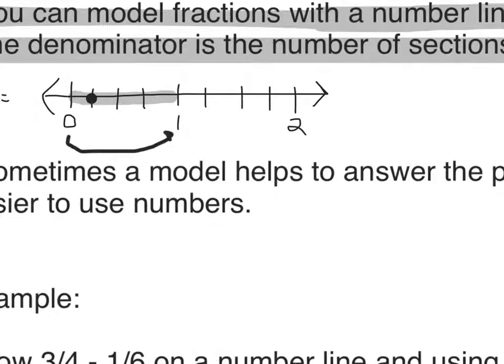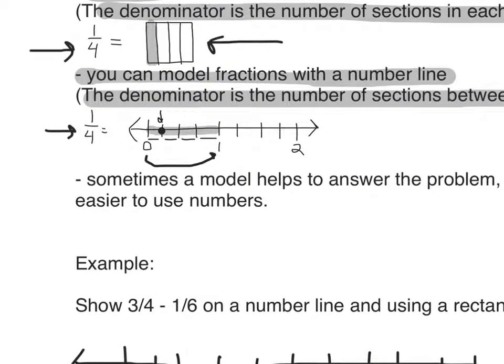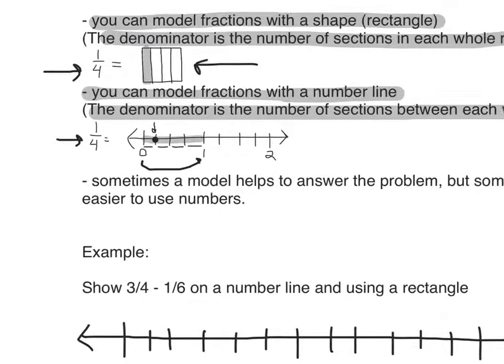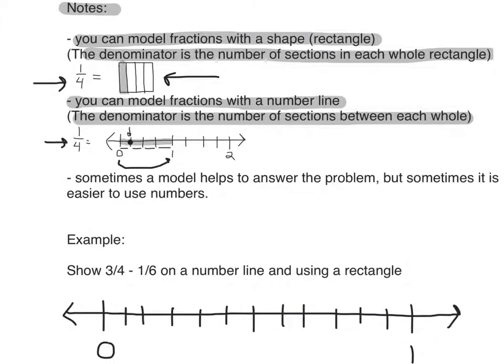There are 4 sections, and if you just move one of them, then you're at 1/4. All right. So sometimes a model helps to answer the problem, but sometimes it's easier to use numbers. Just keep that in mind, especially as you're doing your homework assignment today.